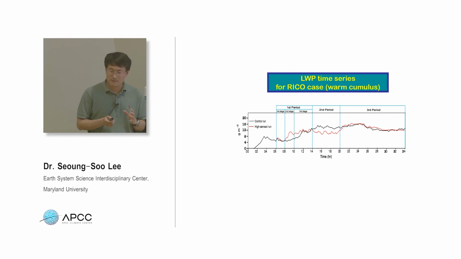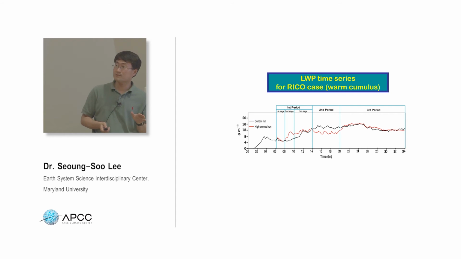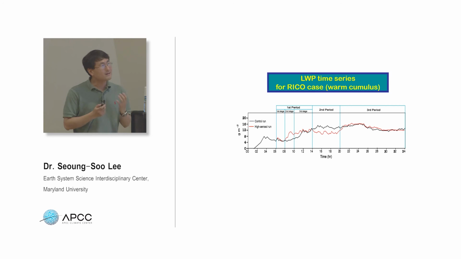But the cloud system organization represented by LWP spatial distribution is very different even after 20 hours, although cloud system organization reaches its own equilibrium state for each of the runs. Okay, these simulations are performed with a mesoscale domain, again considering strong linkage between cloud system organization and redistributions, and the strong dependence of the cloud system organization on the spatial temporal scale of circulations.